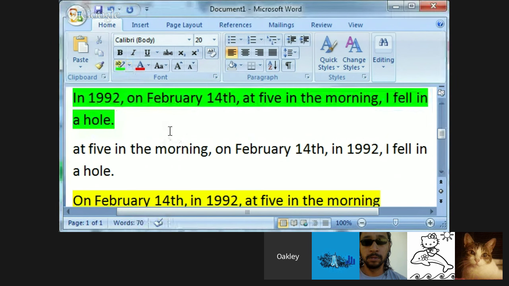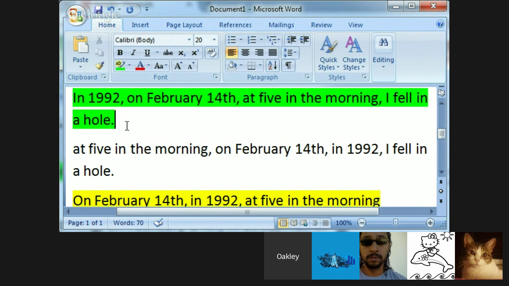Generally speaking, you're absolutely right. We already saw that our time phrases can be at the beginning of the sentence or the end of the sentence.